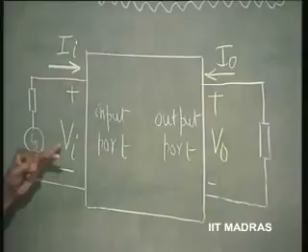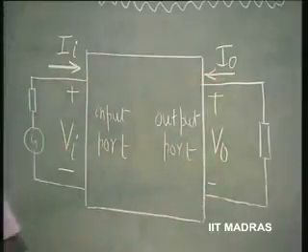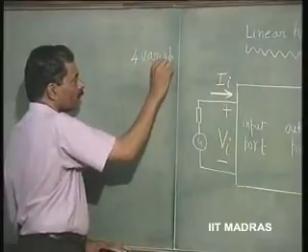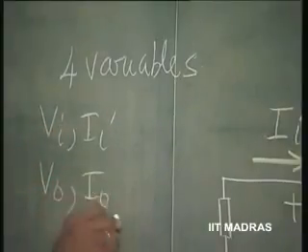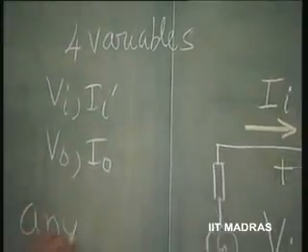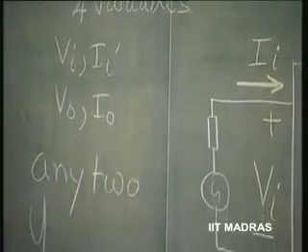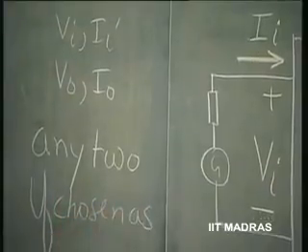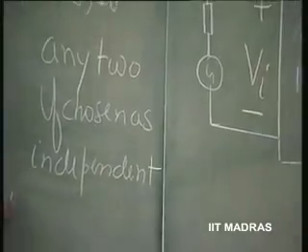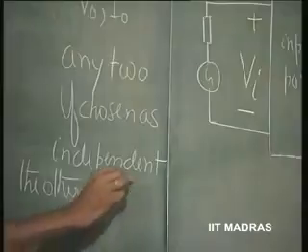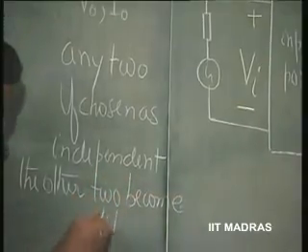The variables are Vi, Ii, Io, Vo. There are 4 variables, Vi, Ii at the input port, Vo, Io at the output port, out of which any 2, if chosen as independent, the other 2 become dependent variables.